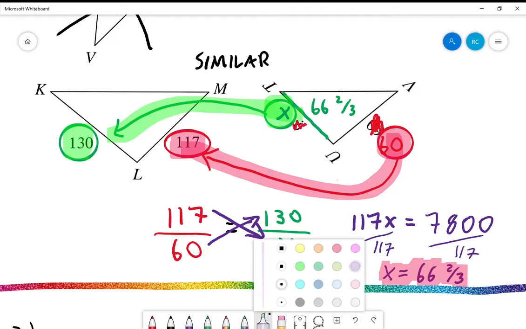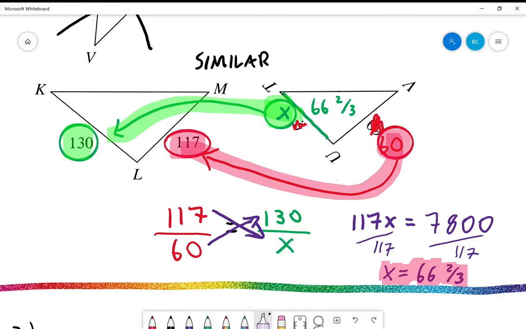Because these two are both proportions of similar triangles, they must be equal to each other, so we slap an equal sign between them. And then we learned how to cross multiply in order to solve this proportion.